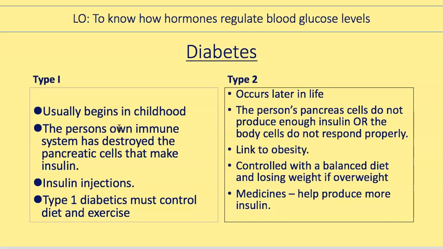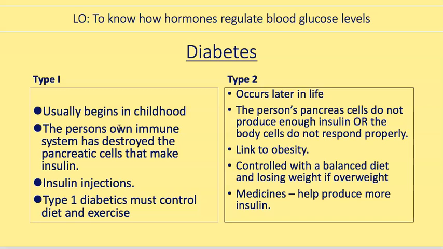Okay, but they can use the injections, but they also must watch what they eat and their exercise levels as well. So type 1 is something that people are born with.